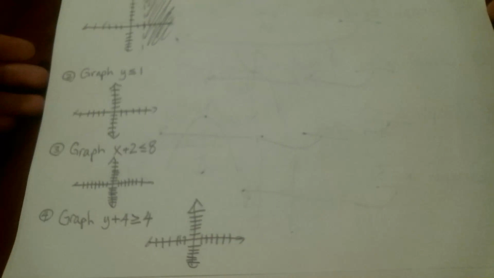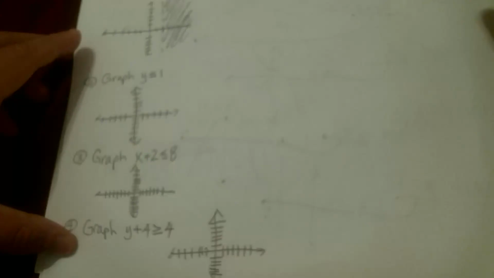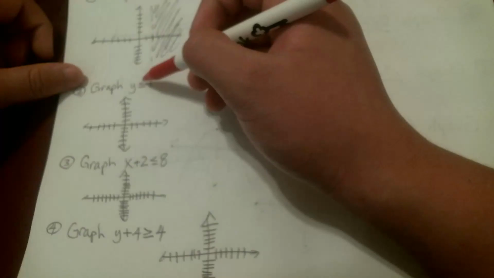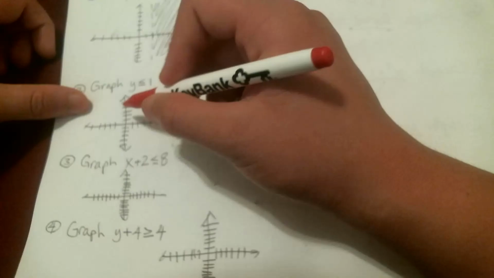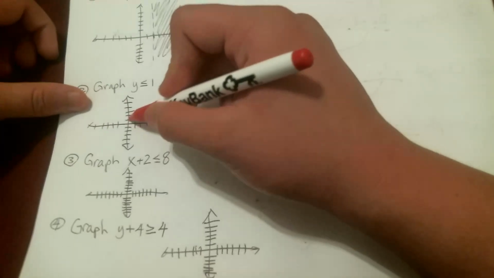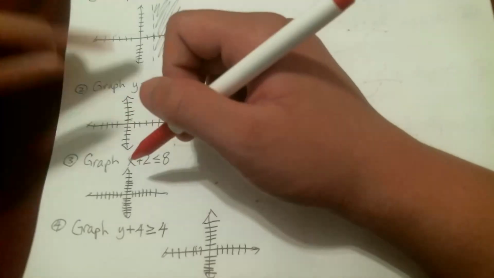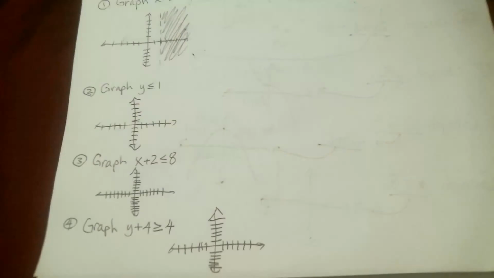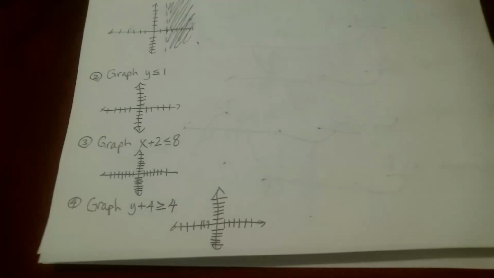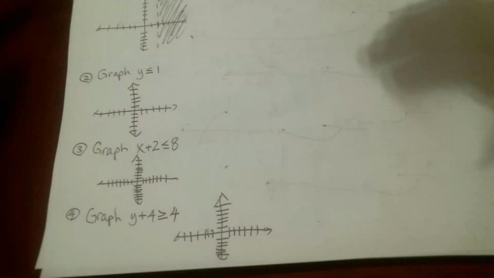So let's move on to the second one, which asks to graph y is less than or equal to 1. So y equals 1 is right here on this first little line for the graph. Then we will have to find all of the values of y that are less than that.